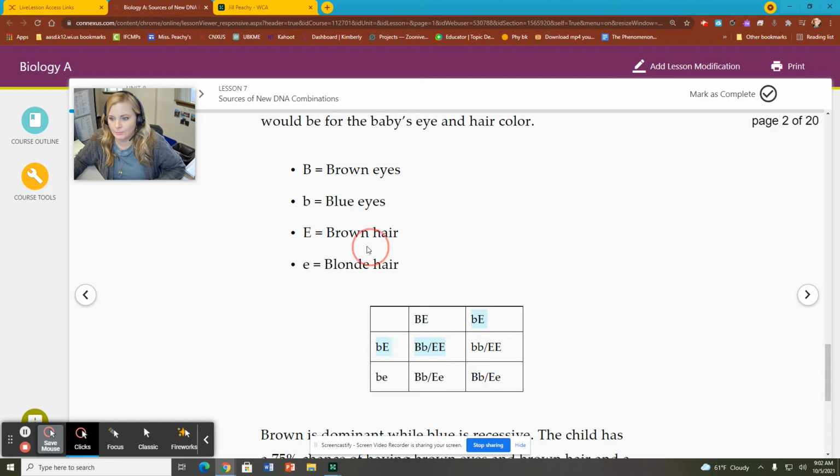If I want a blonde-haired offspring, there's no chance. You're going to have a brown-haired offspring because of the way this works: big E, big E, big E, big E, and big E, little e twice. No chance for a blonde-haired offspring. So that would be the predictor of offspring using Punnett squares.